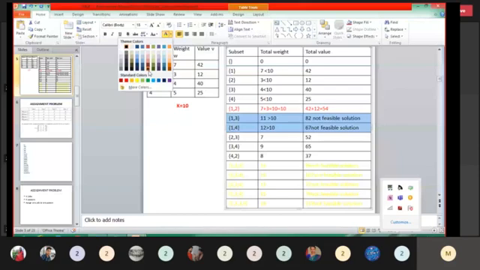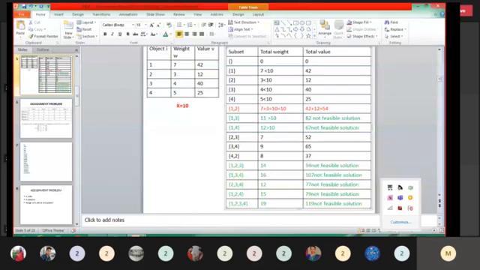Now this 7 is less than 10. This is less than 10. This is also less than 10. So now check this. We are going to consider these two solutions.